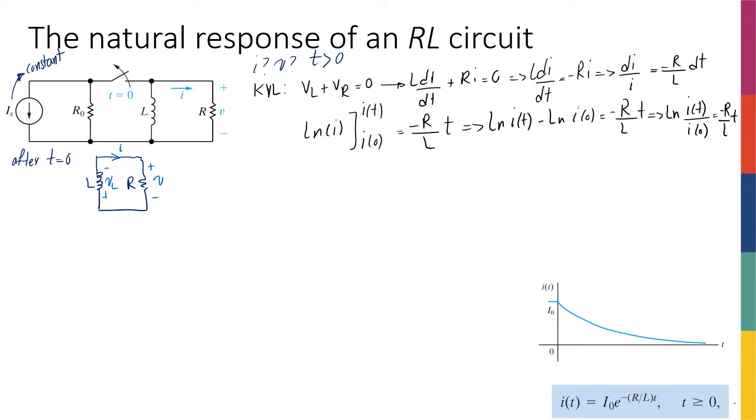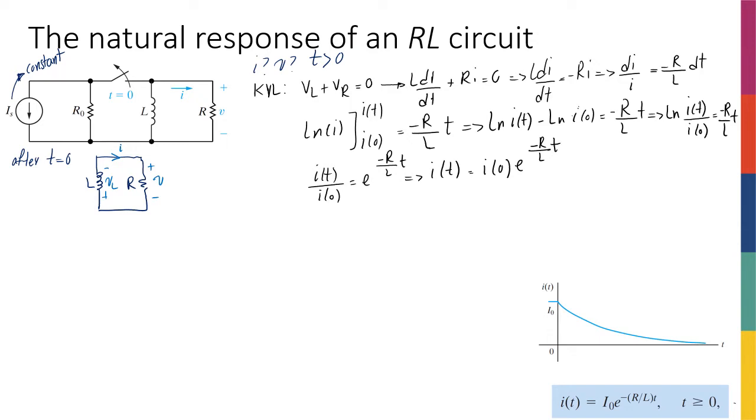Okay, I apply the exponential function to both sides, so exponential and ln cancel with each other. I'm going to get i(t) over i(0) is equal to e to the power of negative R over L times t. And that tells me that i(t) is equal to i(0) e to the power of negative R over L times t. Okay, and I'm pretty much done.